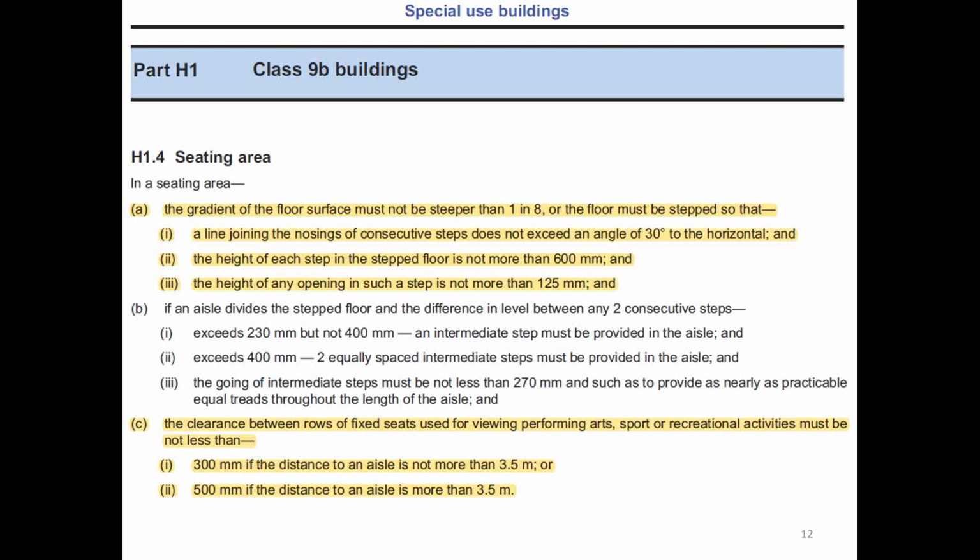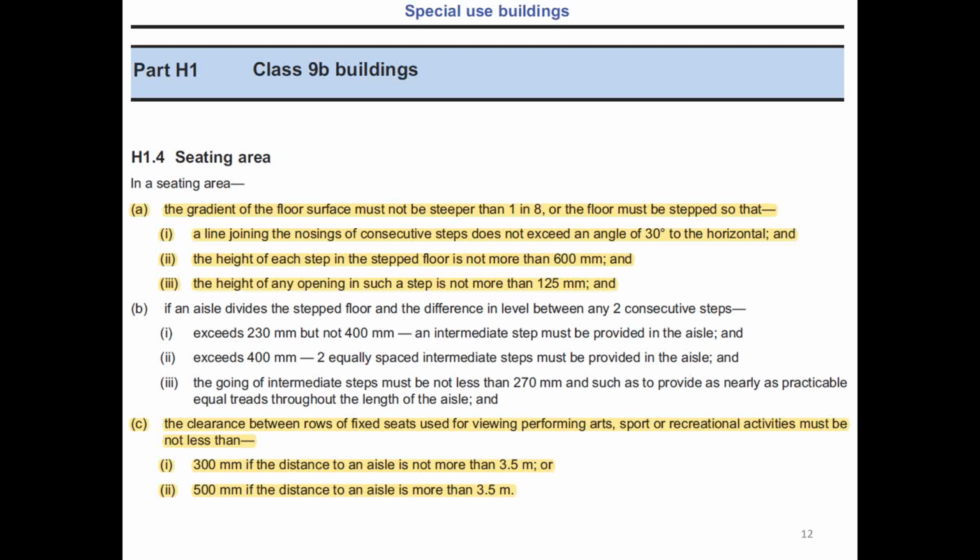Okay, so the main thing that we have to look at here is that it actually talks about, in clause A1, a line of nosings of consecutive steps that does not exceed an angle of 30 degrees to the horizontal. So this is basically the maximum angle of your seating tiers. And then it also talks about the height of each tier not to be more than 600 millimeters, and I don't think any of you have anything more than 600 millimeters at the moment.